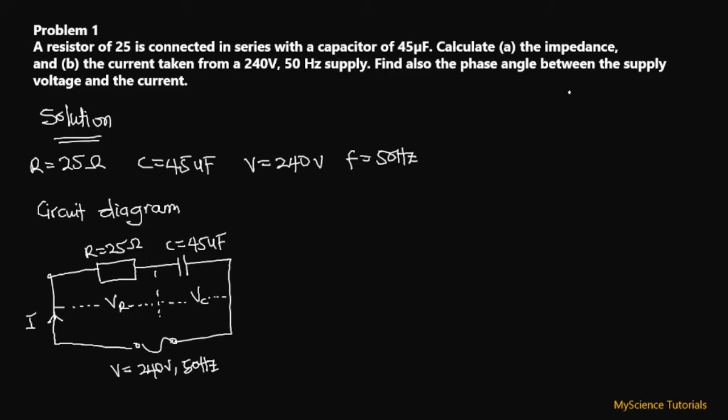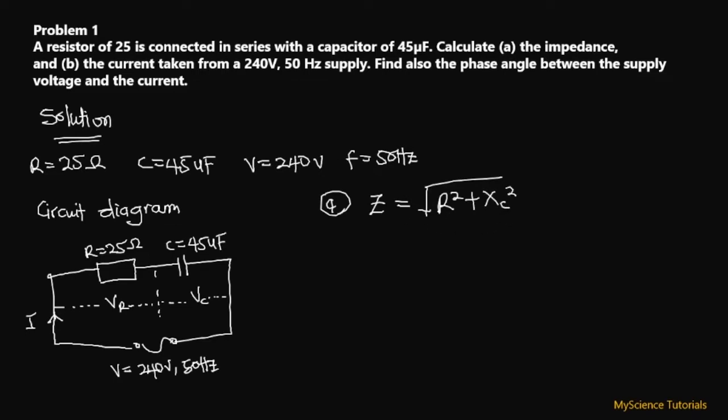So the first thing we've been asked to find is the impedance. So A, impedance. We know that impedance is the total opposition to the flow of current in this RC series AC circuit. From the previous explanation that I gave, the impedance is equal to the root of R squared plus XC squared.